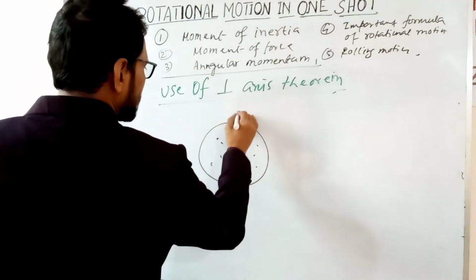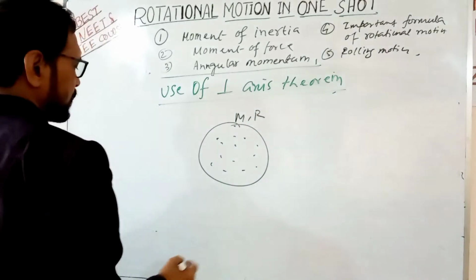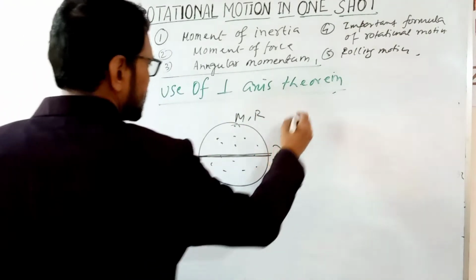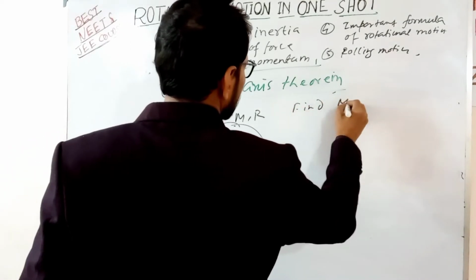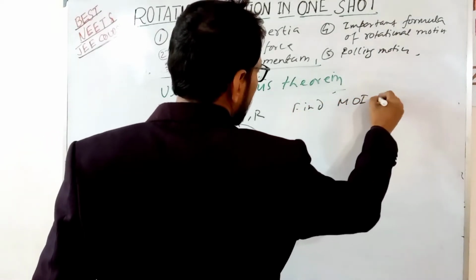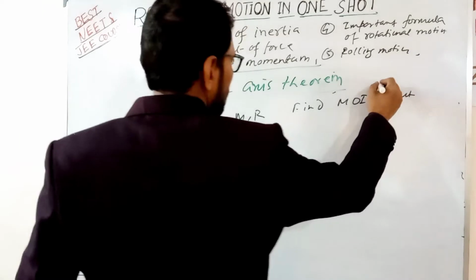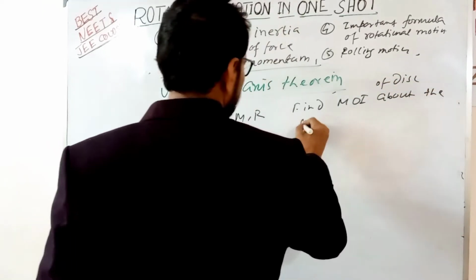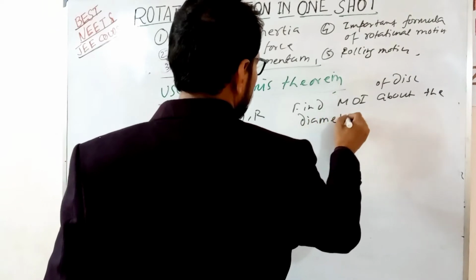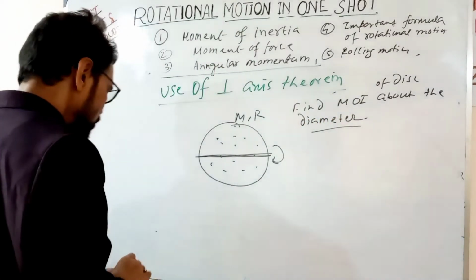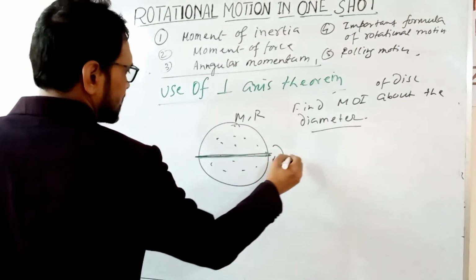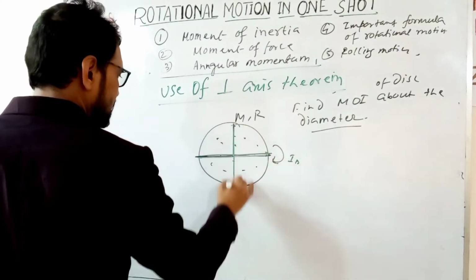You are given a disk of mass m and radius r. You are asked to find the moment of inertia of the disk about the diameter. So here we have to use the perpendicular axis theorem.